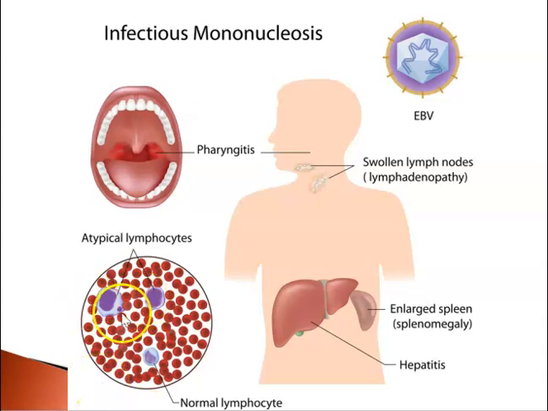Also, you can see the comparison of the active lymphs, which can also be referred to as atypical lymphs, versus the normal lymphs that you'll see. Remember, you'll have a marked increase of your active lymphs. Also, it can cause problems with your liver. An enlarged spleen can also result as a symptom of the Epstein-Barr virus.